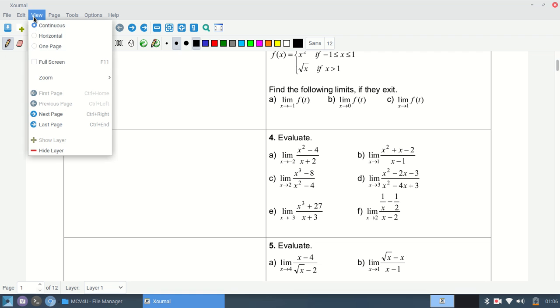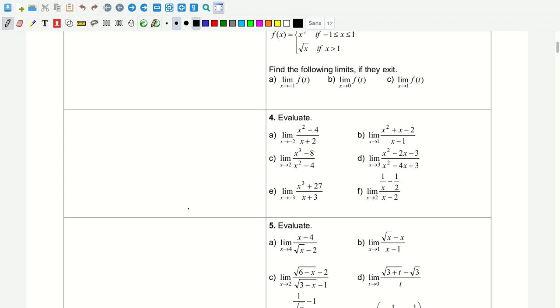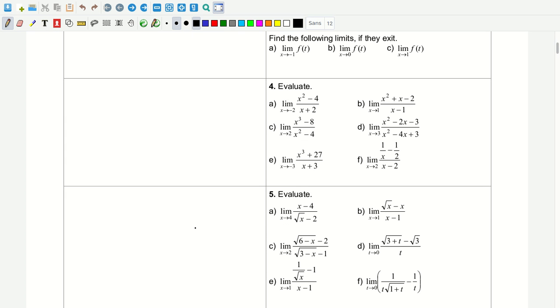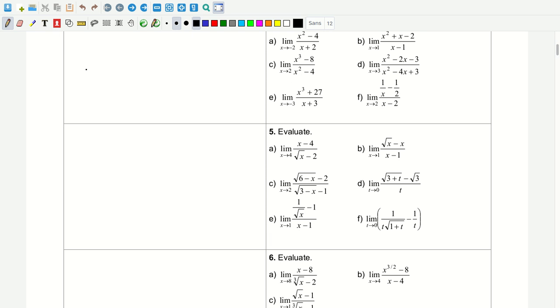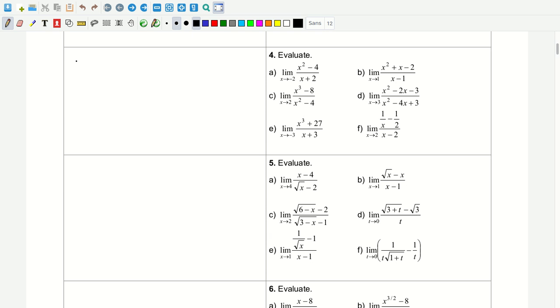In the last video, we did limit evaluation by direct substitution, and I even touched upon situations where you can't do direct substitution. The example I did was part A of number 4.